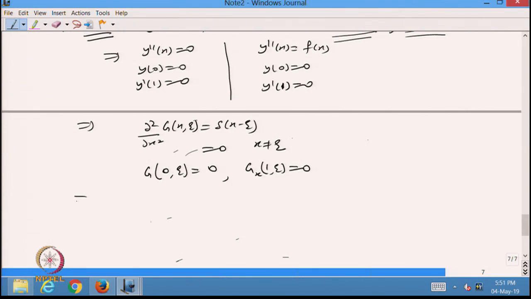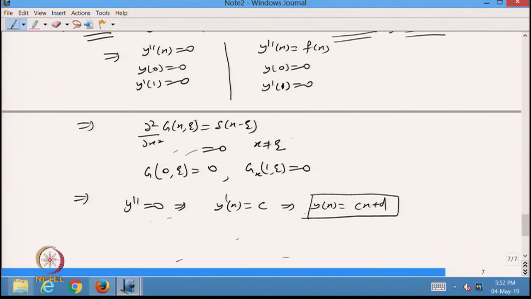Now, if I want to solve this one, so solving y double dash is equal to 0, taking the integration one more time. So, I am taking y dash is equal to some constant c, and from here I will get y(x) as cx plus d. So, this is the equation of a line. So, this is y(x) is equal to cx plus d.